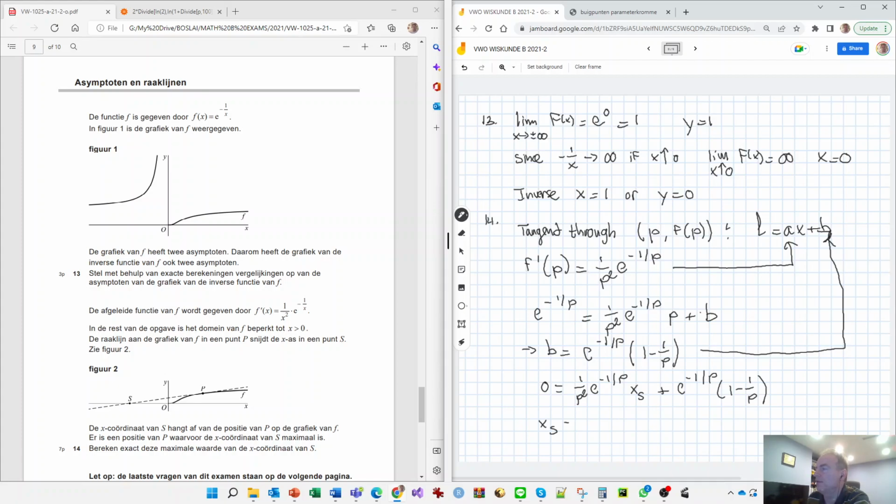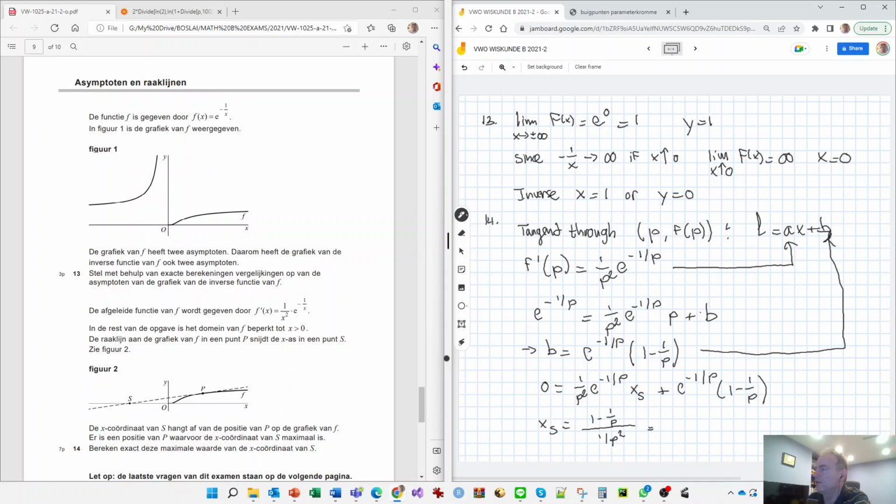I'm just going to isolate x, and if I do that, these e powers will drop out. So I get 1 minus 1 over p divided by 1 divided by p squared.